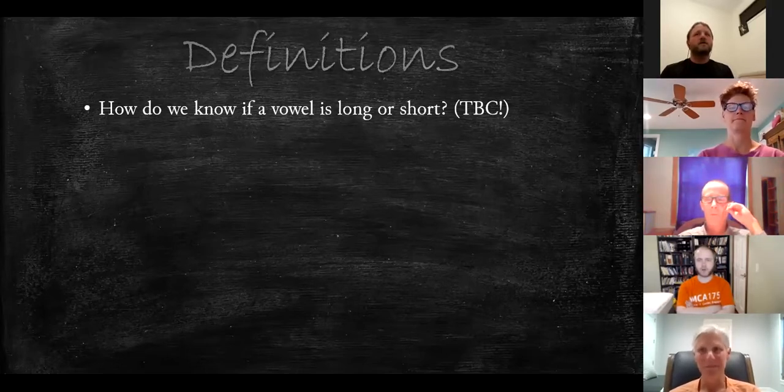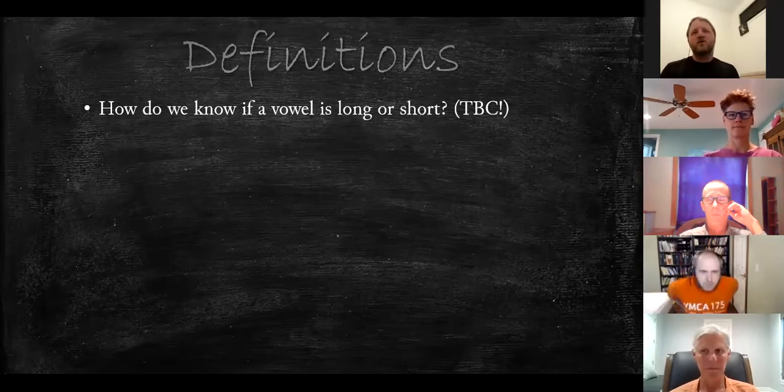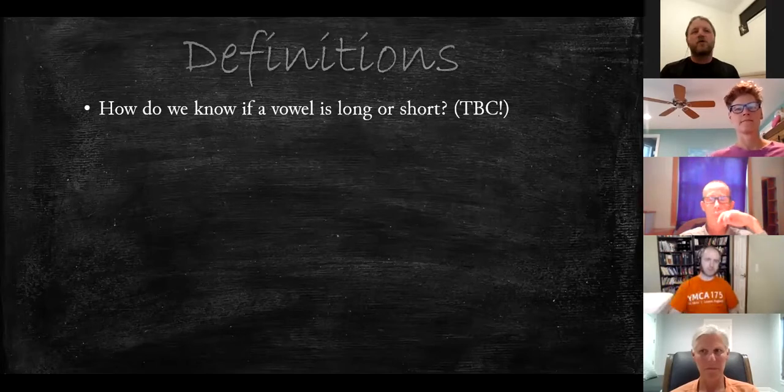Let's take accented out. We only deal with unaccented syllables. In unaccented syllables, if it's open, the vowel will be long, and if it's closed, the vowel will be short. We don't really have a fast rule for accented syllables, but generally accented syllables like to be long. But there's no rule that says that they have to be.